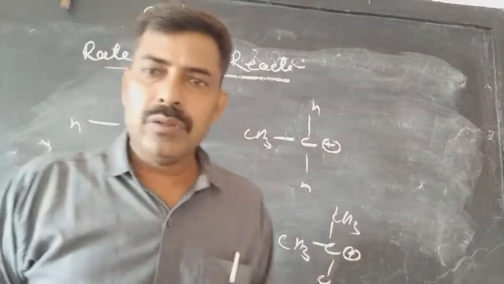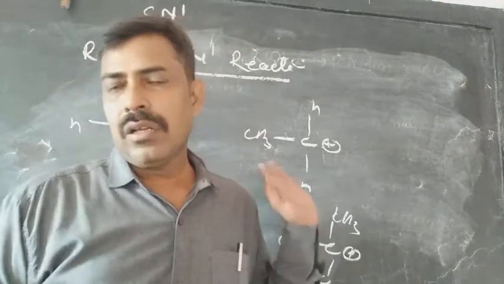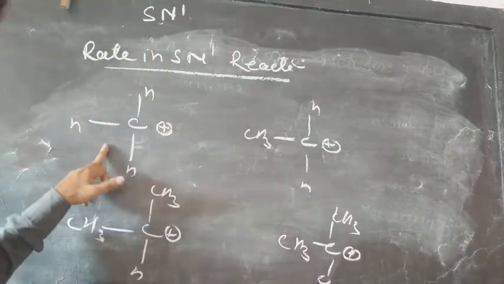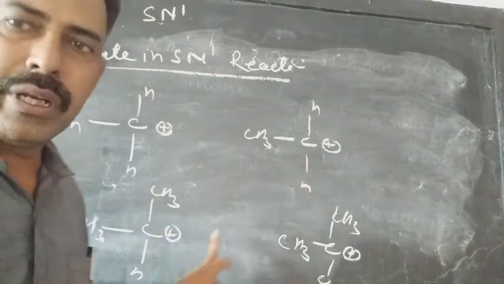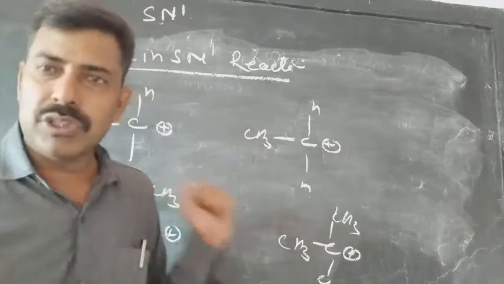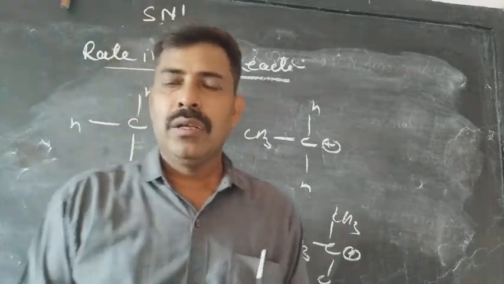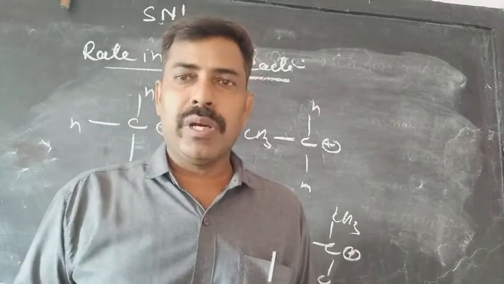So we are going to see the rate of reaction in the SN1, and here are the carbocations which are generated in the different cases: the methyl carbocation, primary carbocation, secondary carbocation, and the tertiary carbocation. We are just going to discuss the stability. You know about the stability of these carbocations; last year we discussed it when we were studying the inductive effect.